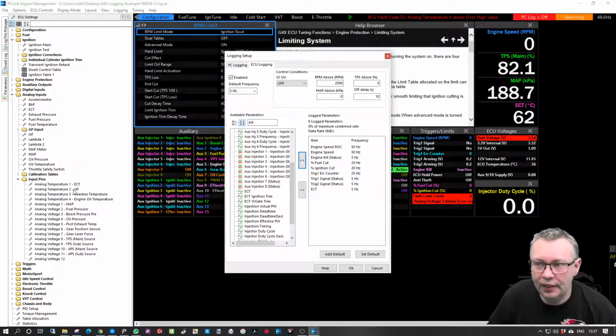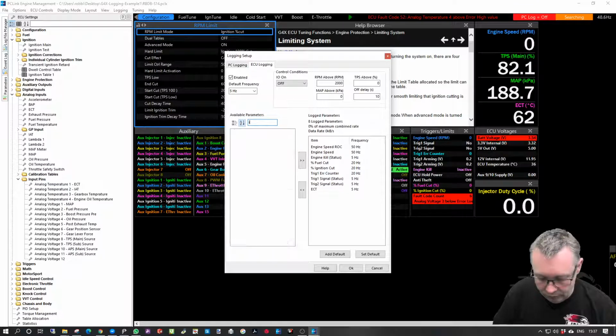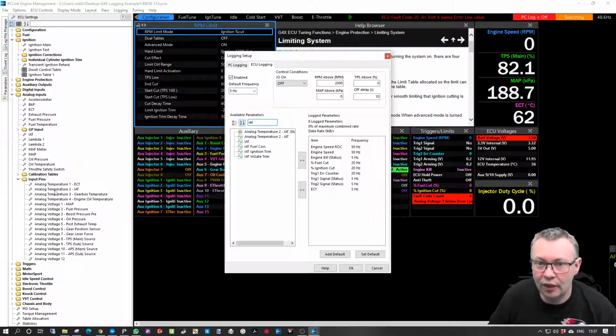Then the IAT sensor. If you have a really good one, you might get 10 hertz out of it. Probably not, but we'll shove it up to 10. Then this particular car's got gearbox temp.